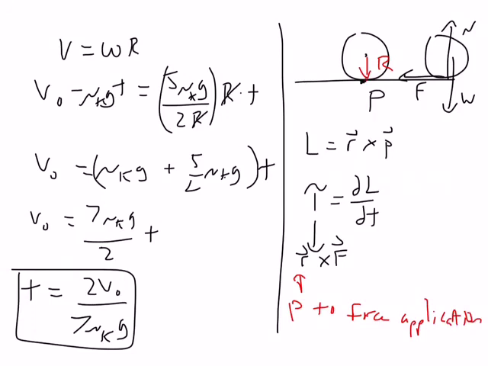So point P to the point of the force application is like that line for friction. For friction, those point in the same direction. So if I write this as R F sine theta, for friction that angle is 0 degrees. So there's no torque due to friction.